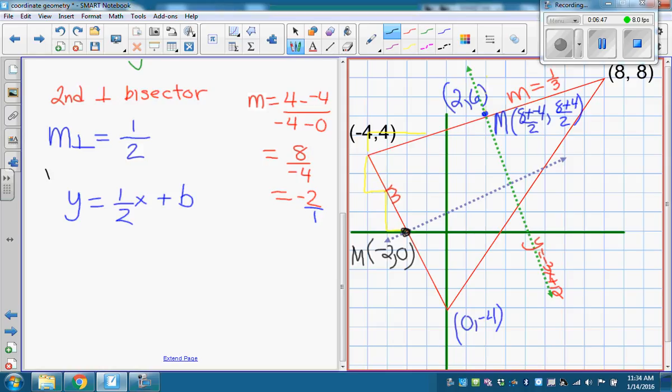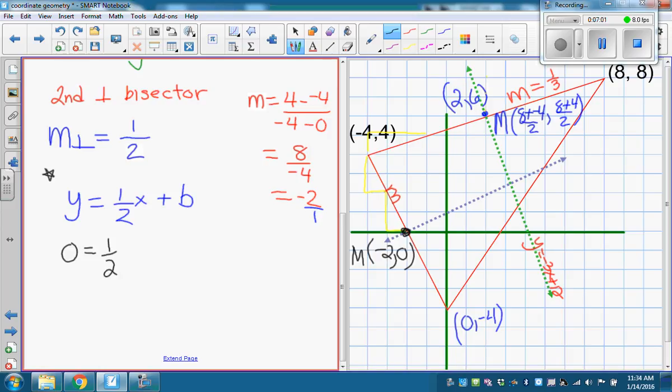So this is the perpendicular line. How am I going to use the midpoint? You plug negative 2 in for x and 0 in for y, and that's going to give you where the line crosses the axes. It looks like it should be about 1.